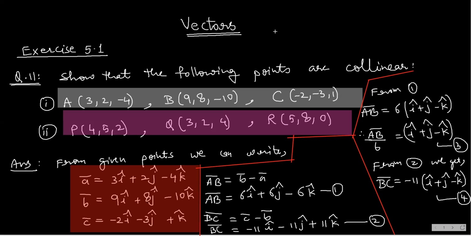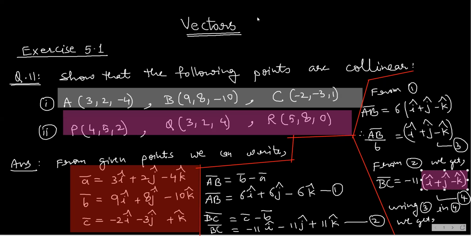Using 3 in 4, where I have I cap plus j cap minus k cap, I would be writing AB bar over 6. You got that?